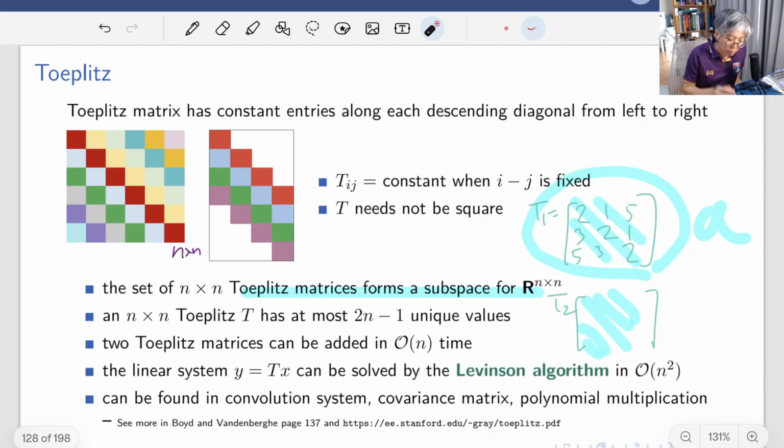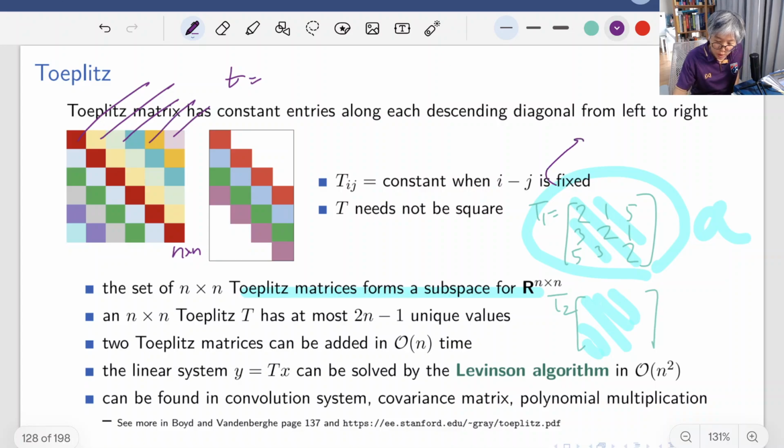So if you add Toeplitz matrices, you don't have to add them element by element, because you know each diagonal is going to be unique. All you need to do is keep the unique values in an array. For example, in this example, you keep an array such as 5, 3, 2, 1, 5.